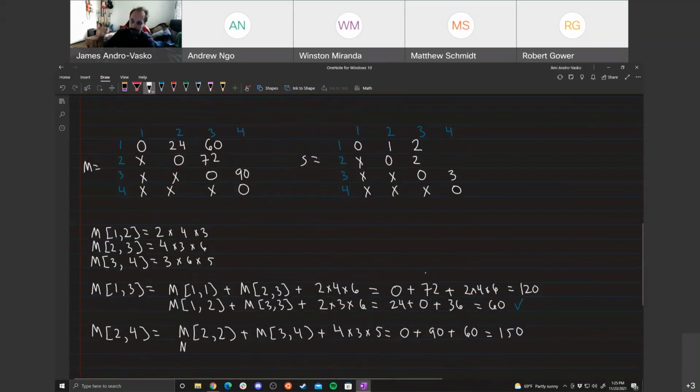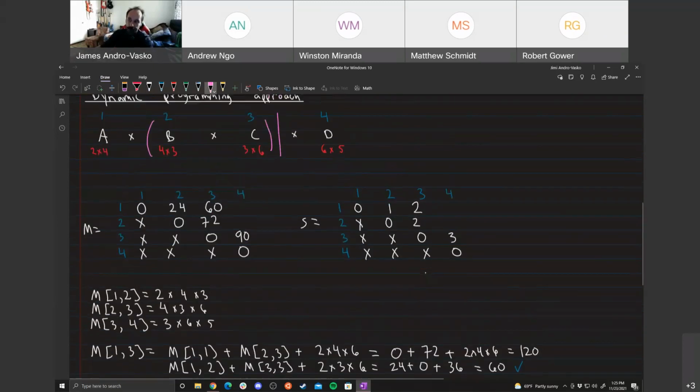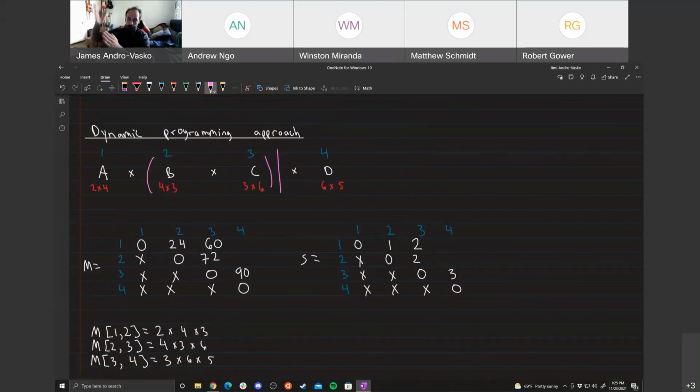I could say M2,3 plus M4,4. So here, I picked 3 as my cutoff point, which means after matrix 3, I put that right parenthesis right there, which means that now I have B times C, multiply the result to D. So B times C, I don't have to recompute that because I already have it stored right over here.